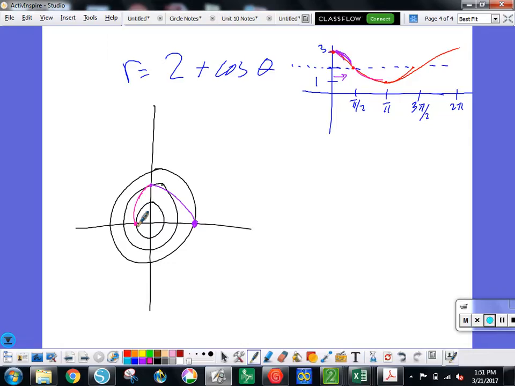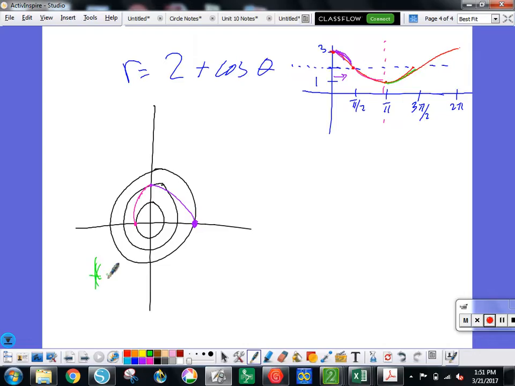Okay. Now notice, guys, I've only completed half of my cycle, haven't I? If I keep going, I'll probably get the rest of the graph. Let's keep going. So, I'm going to use this ugly green again, and that'll be this portion from pi to 3 pi halves, that's down here in this quadrant.